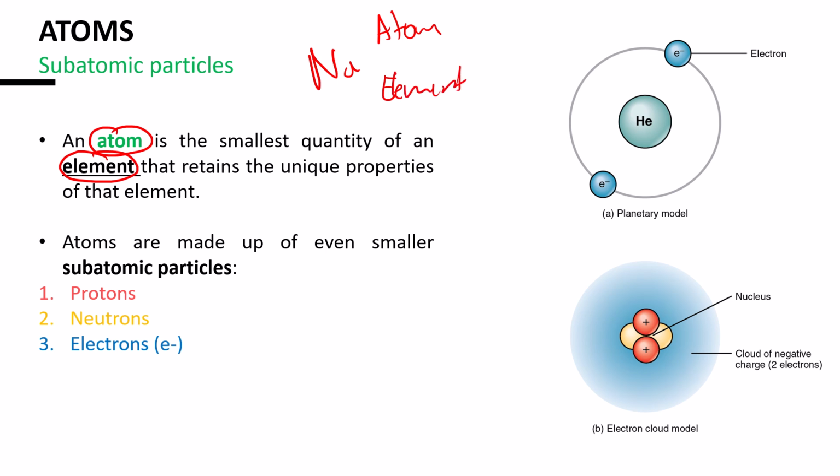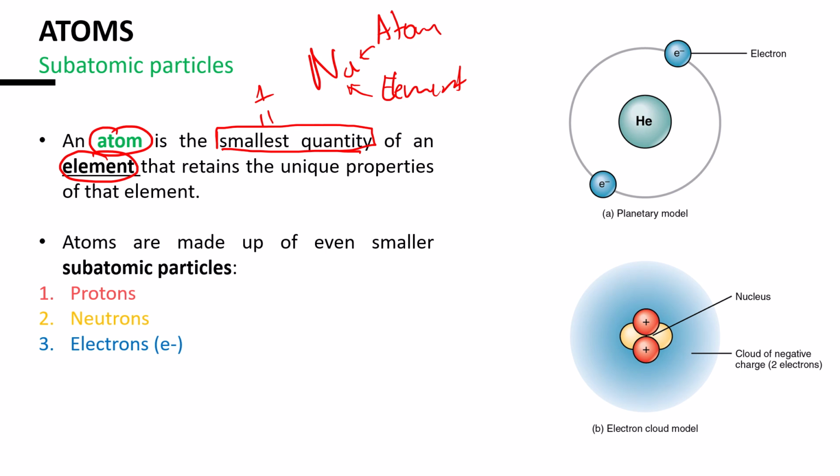So which one is which? If we read the concept, an atom is the smallest quantity of an element that retains the unique properties of that element. So what does that mean? What is the smallest quantity of something? The smallest quantity of something is 1, right?